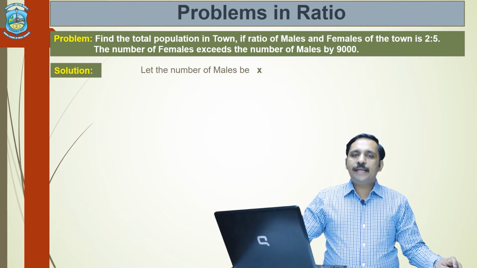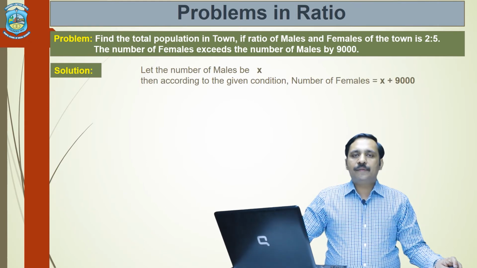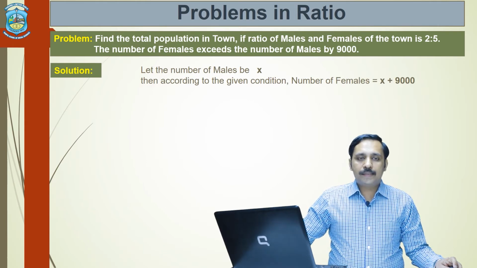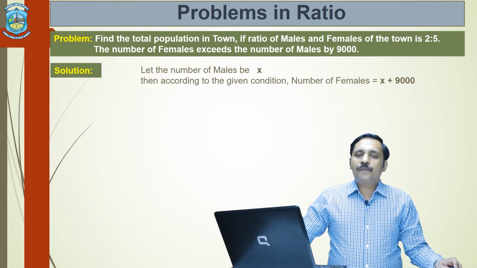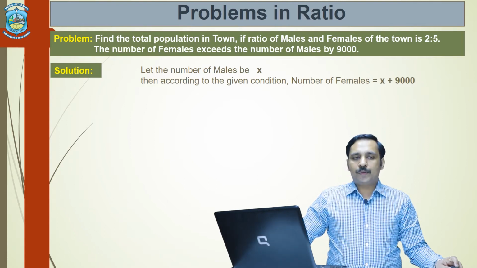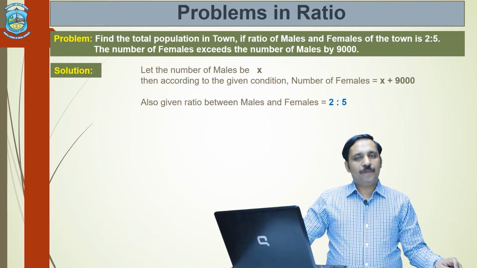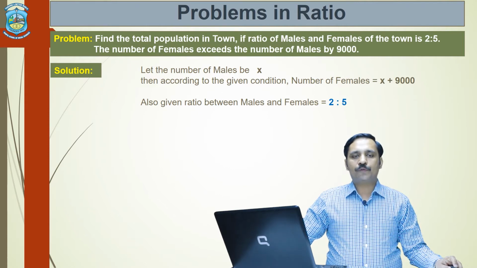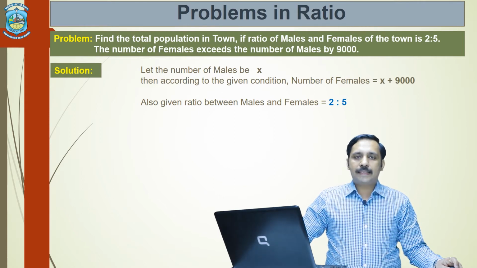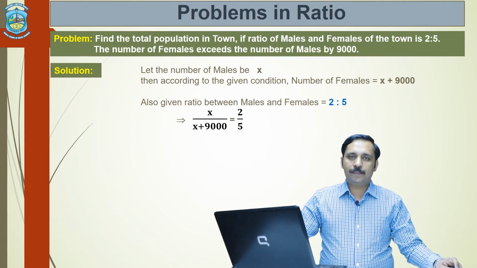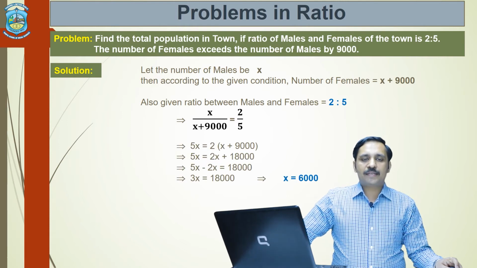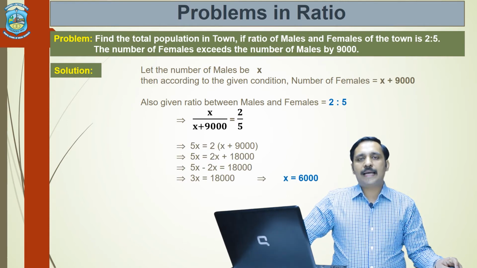Let the number of males be x. It is given that we have 9,000 more females. That means the number of females is equal to x plus 9,000. Also, the given ratio between males and females is 2:5. It implies that x upon x plus 9,000 is equal to 2 upon 5. On solving using cross multiplication, we have 5x is equal to 2 times x plus 9,000.